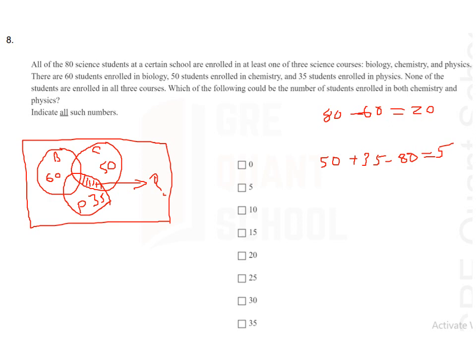So the number of students enrolled in both chemistry and physics could be between 5 and 20. So it will be 5, 10, 15 and 20. In this case, we have found out the 2 extreme values and then used them as a range.